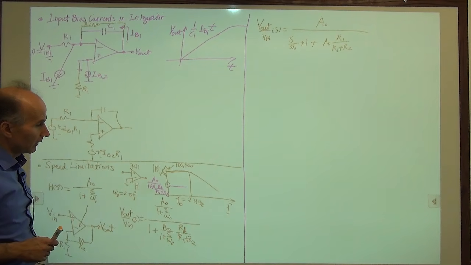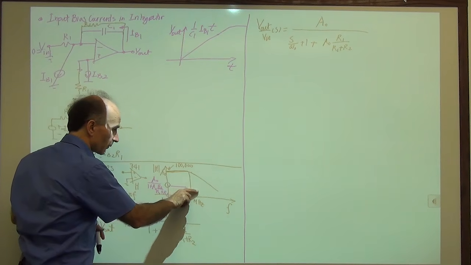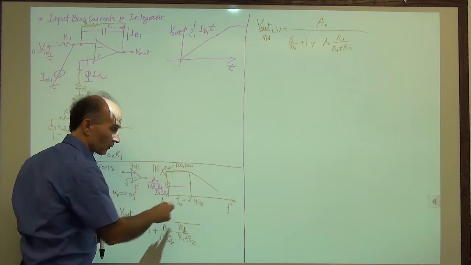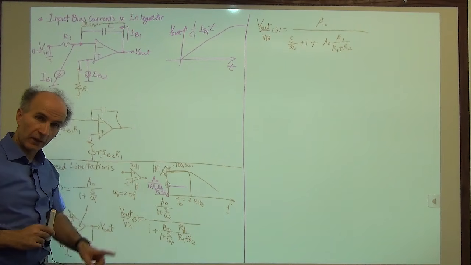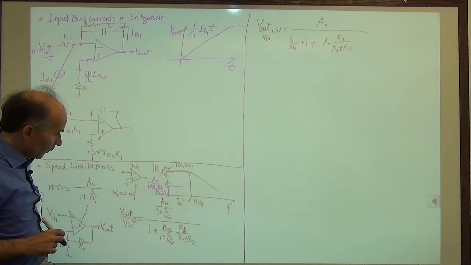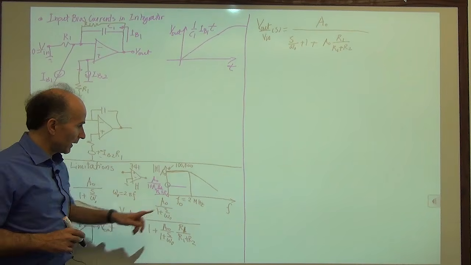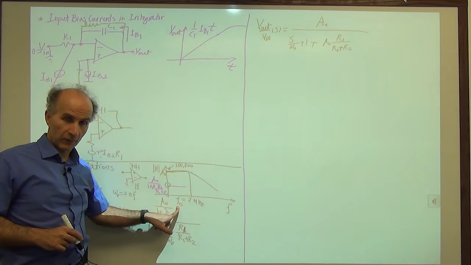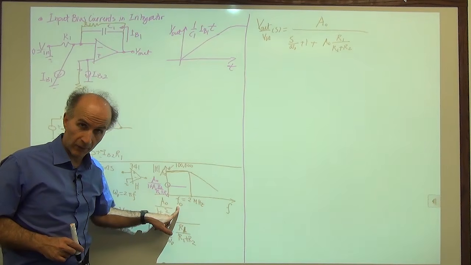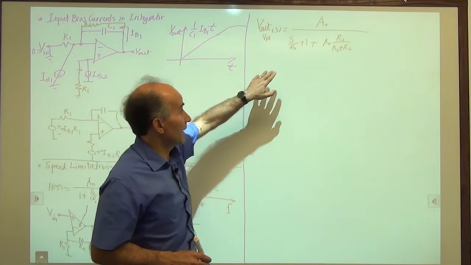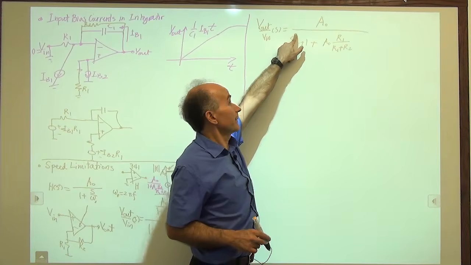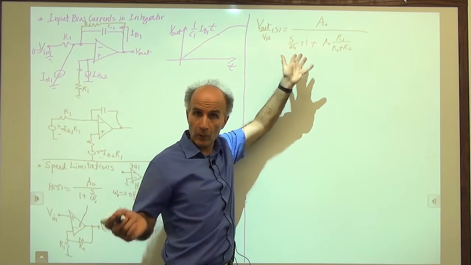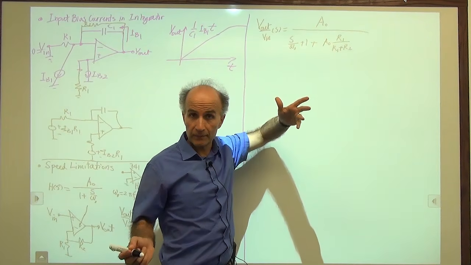All right, now, where is this roll-off point? Where does this begin to roll off? That's a very important result. Well, to find this roll-off point, I have to find the 3 dB bandwidth of the circuit, the pole frequency of the circuit. This circuit still has a single pole because this S has a power of 1. And to find the pole, we set the denominator to 0.